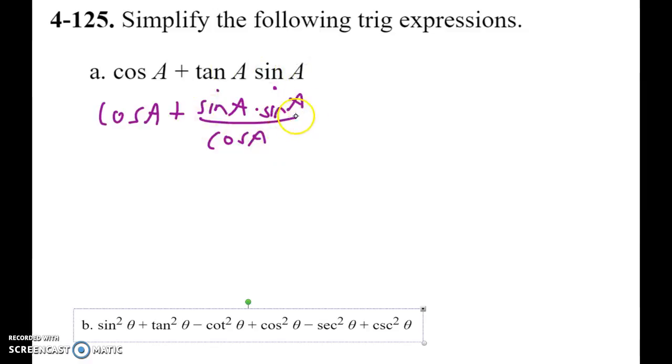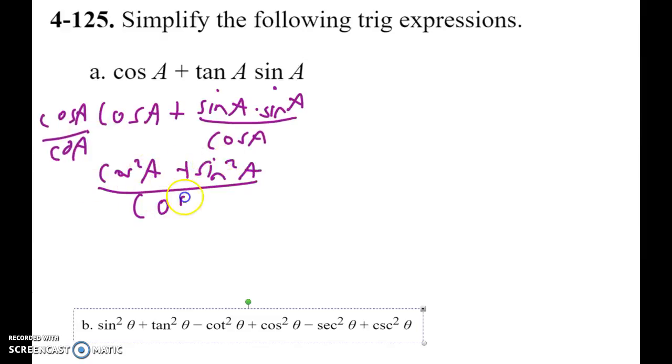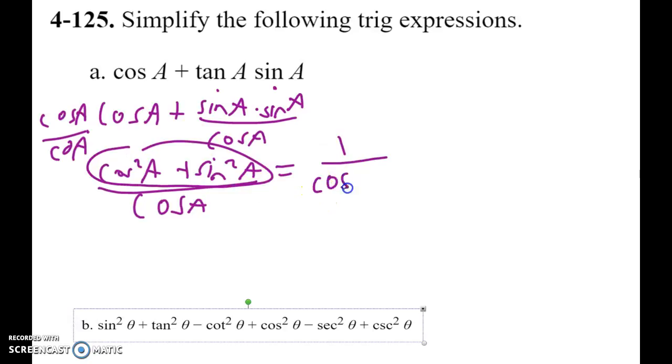So now I need a common denominator, so I'm going to be multiplying this by cosine over cosine. So I've got cosine squared plus sine squared over cosine. This all equals 1 according to our Pythagorean identity. And the reciprocal of cosine happens to be secant.